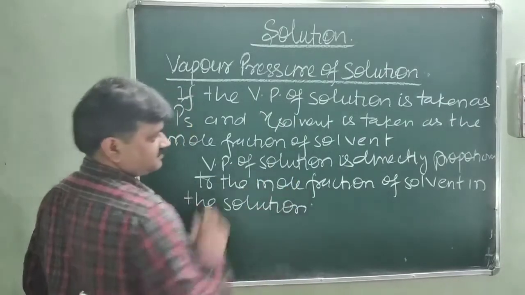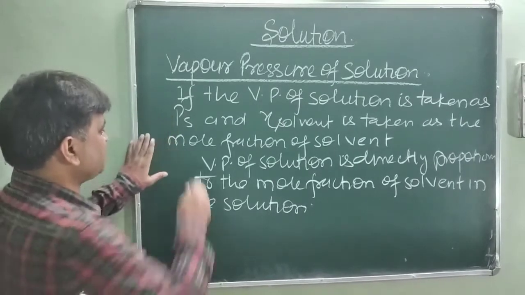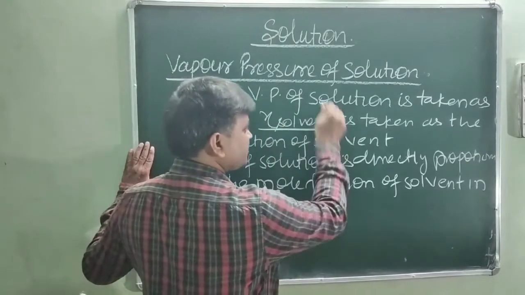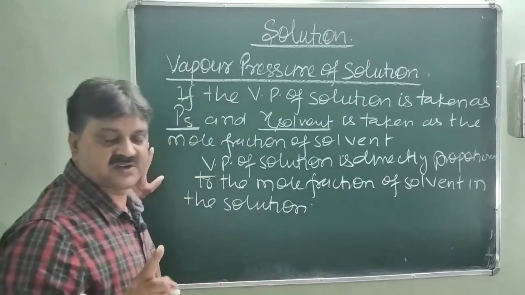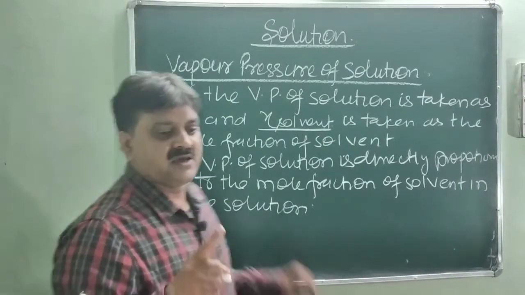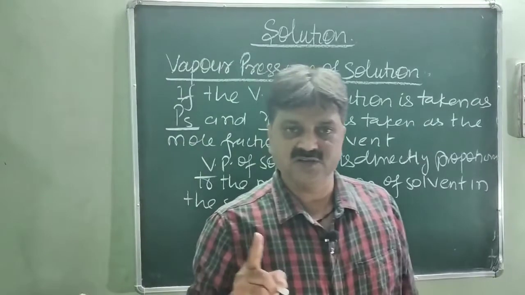Is it clear? The vapor pressure of the solution is taken as PS and X solvent is taken as the mole fraction of the solvent, and the vapor pressure of the solution is directly proportional to the mole fraction of the solvent in the solution.